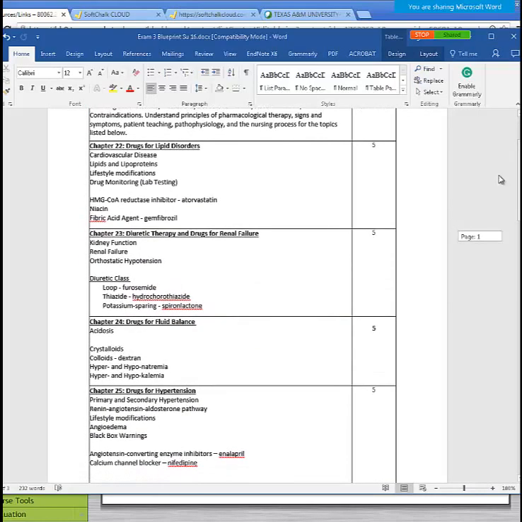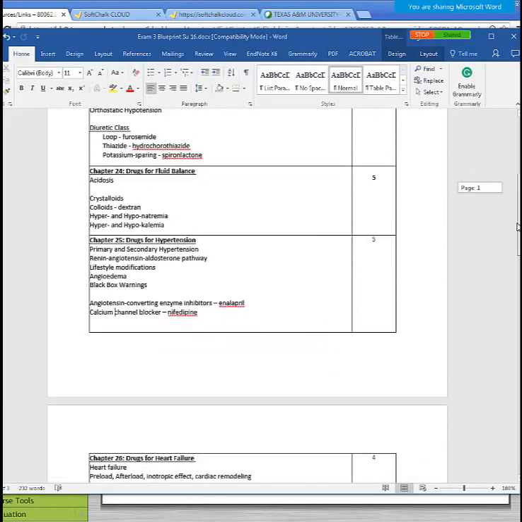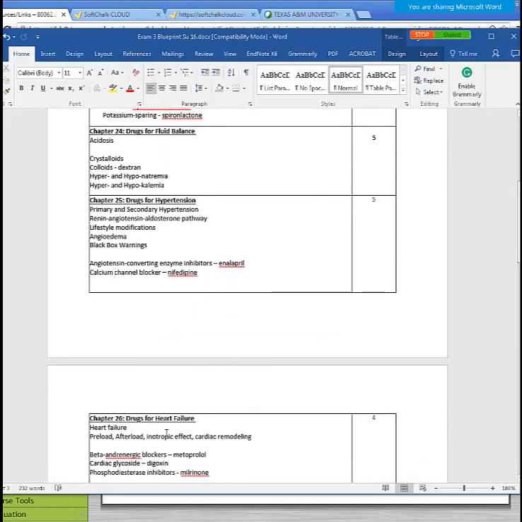But you can kind of see on the blueprint, when you get down here, diuretic class, you'll probably see beta blockers in multiple chapters. But like here it is in heart failure, and we did not put it in chapter 25.